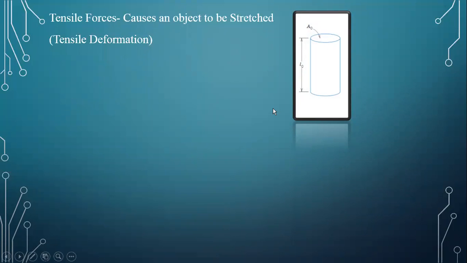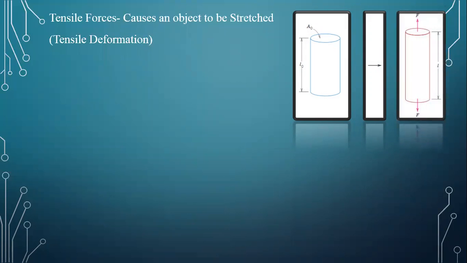When we apply tensile forces on this piece of wire, this would be the final shape or change in that wire. इसमें आप note कर सकते हैं कि under the action of these tensile forces, the length of this wire increases. उस वायर की जो लेंथ है वो एक्चुअल लेंथ से ग्रेटर हो जाएगी. It will increase under the action of tensile forces.